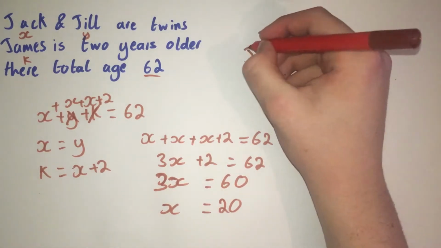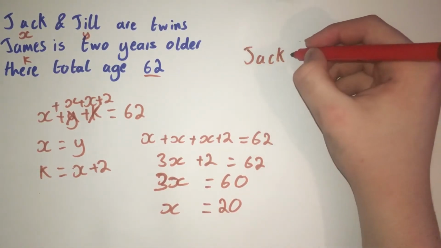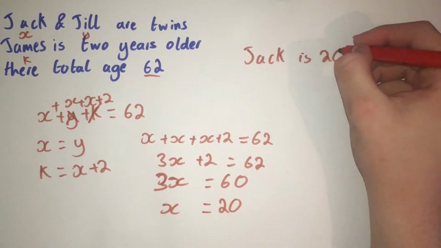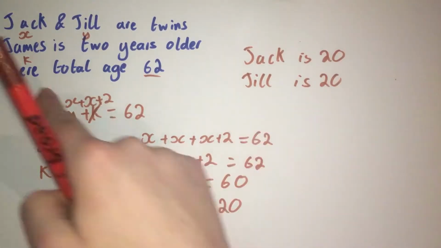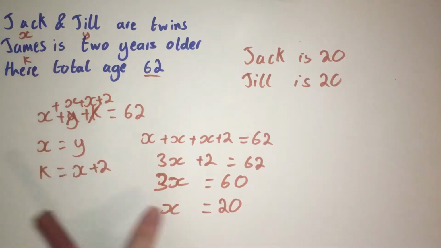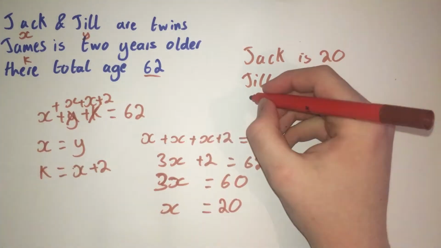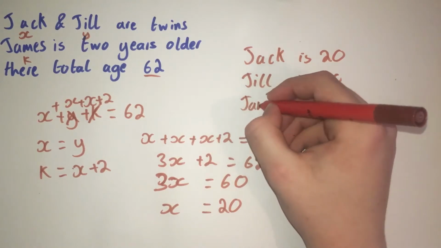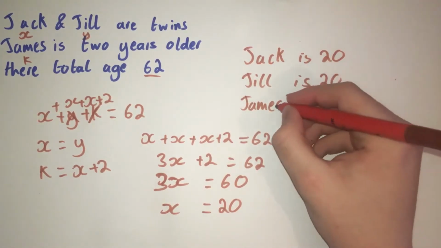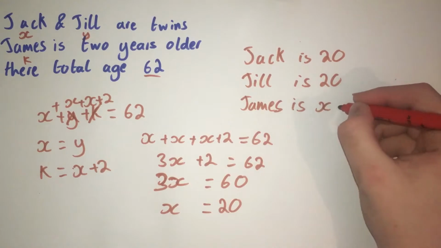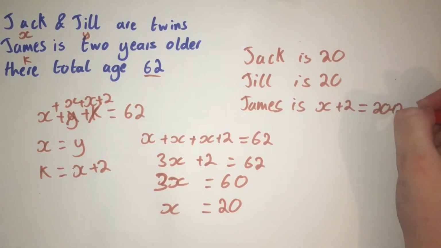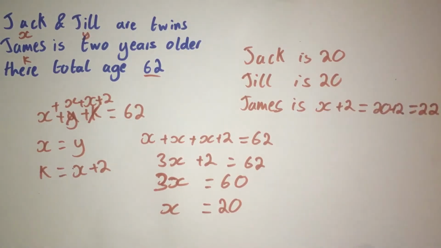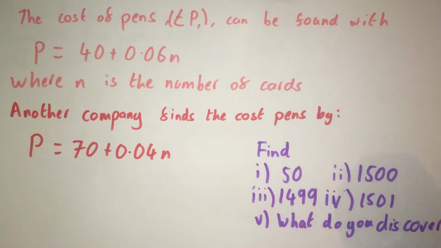Jack is 20. Jill is 20, as they both have the same x. But James is x plus 2, so that would equal 20 plus 2. So James is 22.